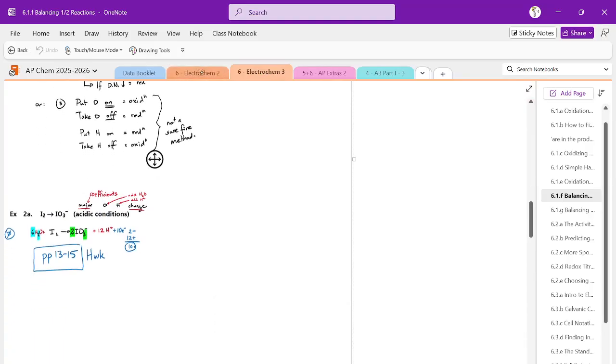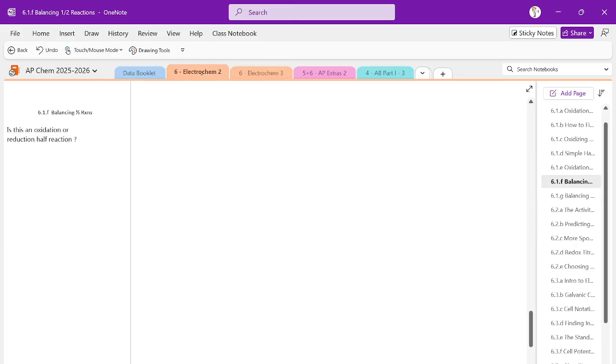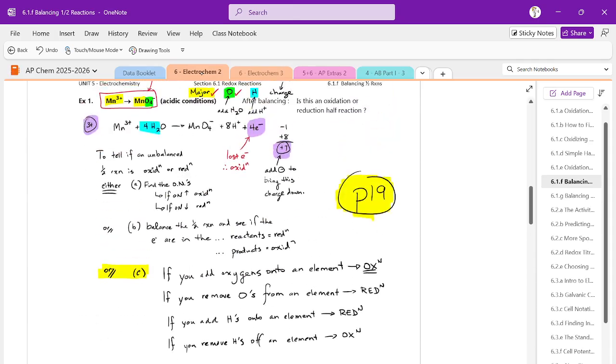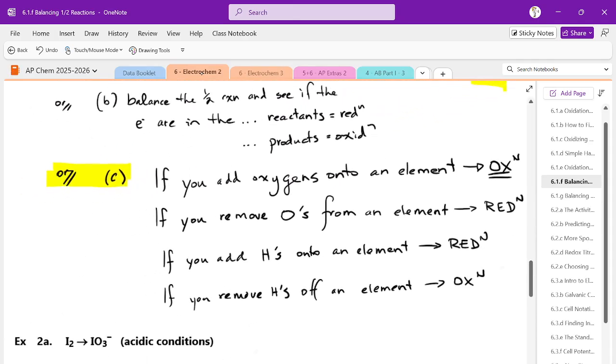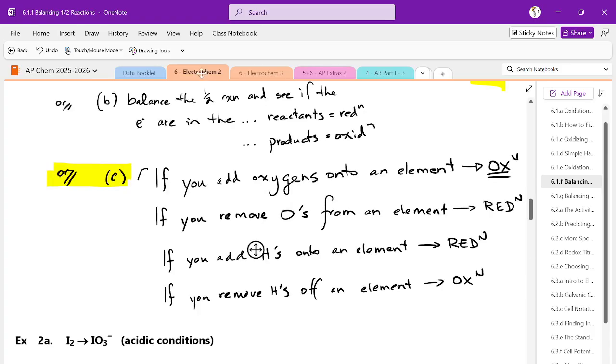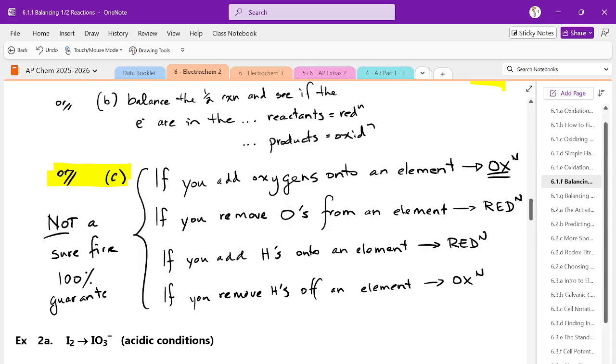I like that way of saying it. These ones are not a surefire, 100% guaranteed method.